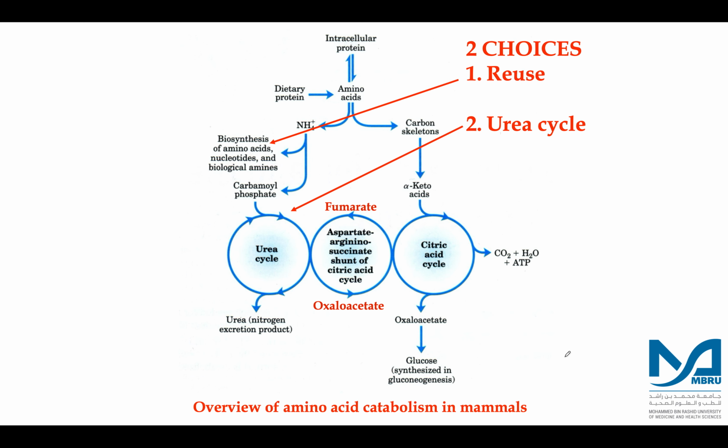So I come back to this old concept again. As I said, amino acids are converted to ammonia. Amino acids can be derived from dietary proteins, that means from your food, and from intracellular protein. For example, certain proteins that are not required, the body will break down and produce amino acids.